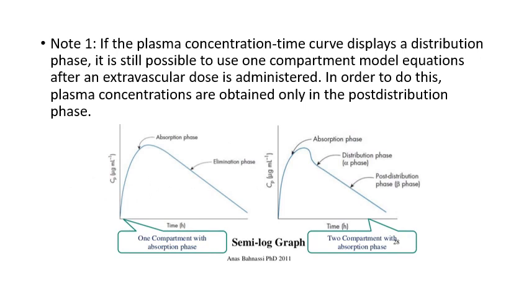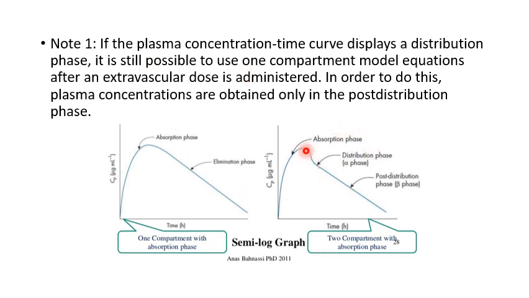Okay, so note: if the plasma concentration time curve displays a distribution phase, it is still possible to use one compartment model equations after an extravascular dose is administered. In order to do this, plasma concentrations are obtained only in the post-distribution phase. So the post-distribution phase is this phase.